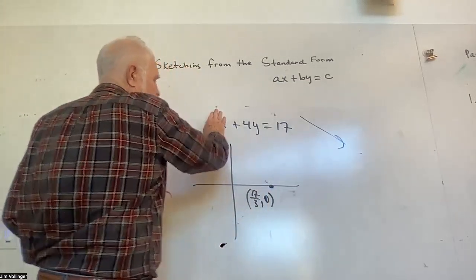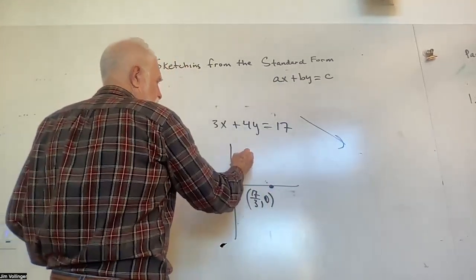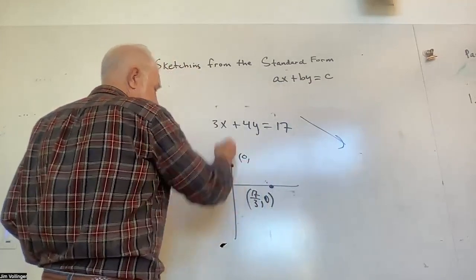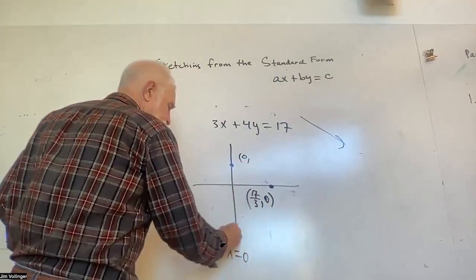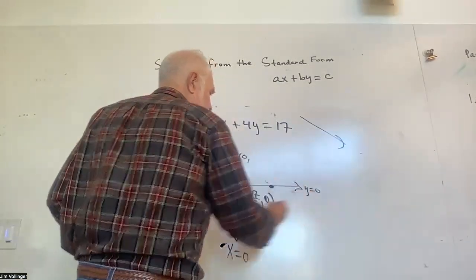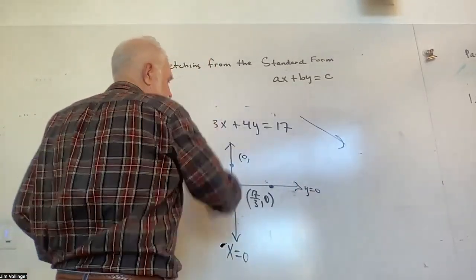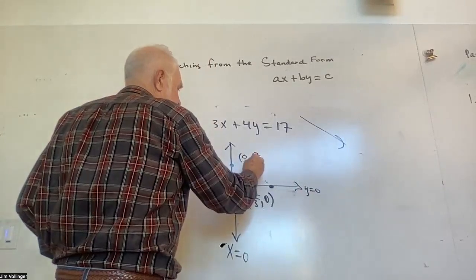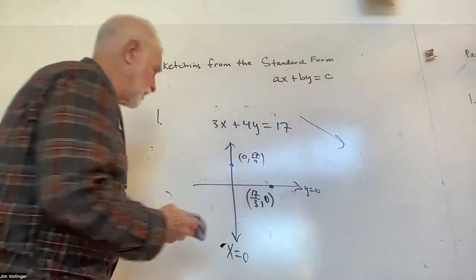And 17 divided by 4 is a little more than 4. It's a little shorter distance. And we get 0 for x. x equals 0 is the y-axis, and y equals 0 is the x-axis. 0 for x, 17 over 4. I think enough said. You should already know how to do that anyway.